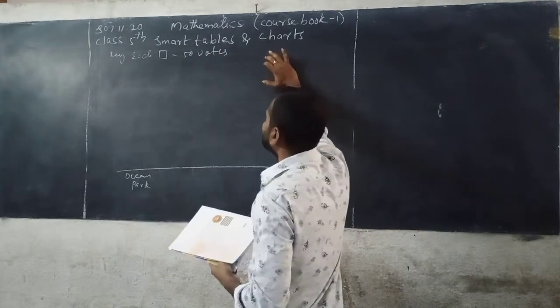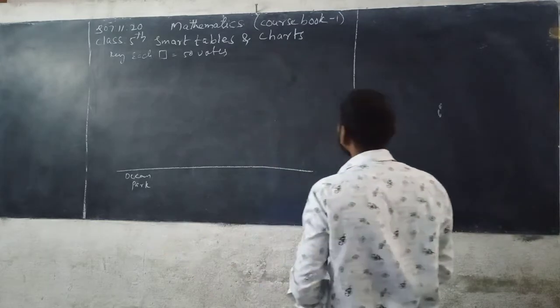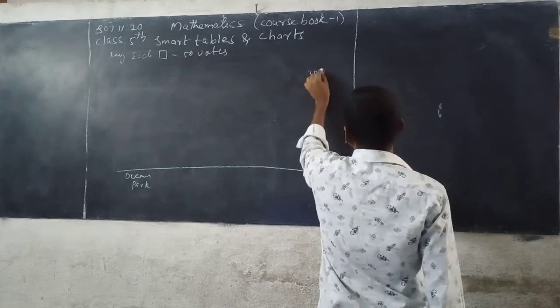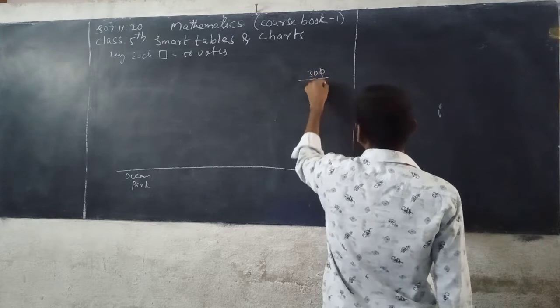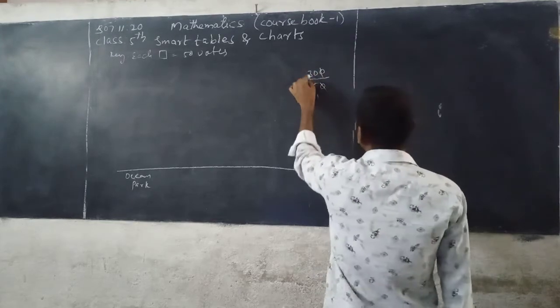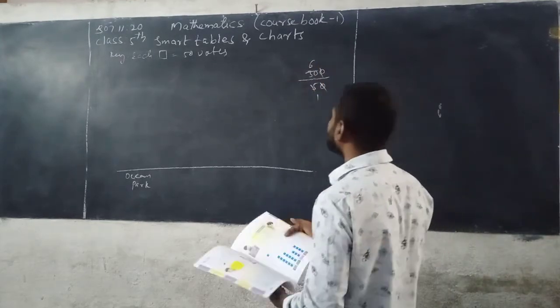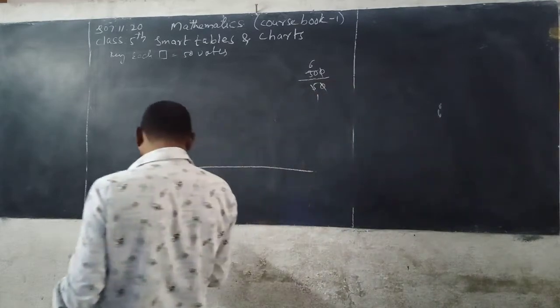Ocean Park, how many votes? 300. So 300 divided by 50: 0, 0 get cancelled. 5 1s are 5, 5 6s are 30. So you can draw 6 square boxes in Ocean Park.